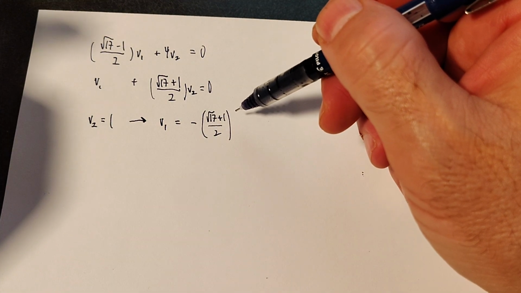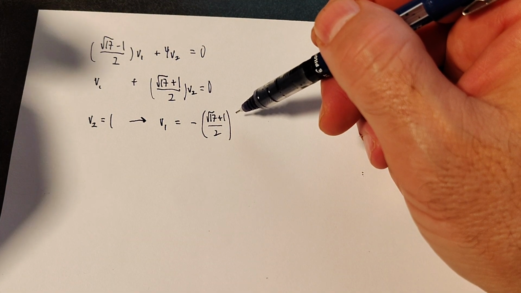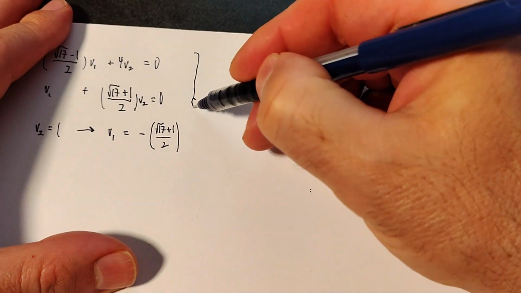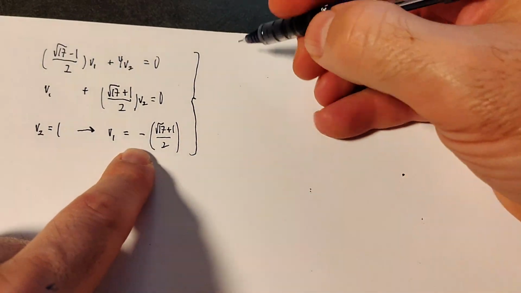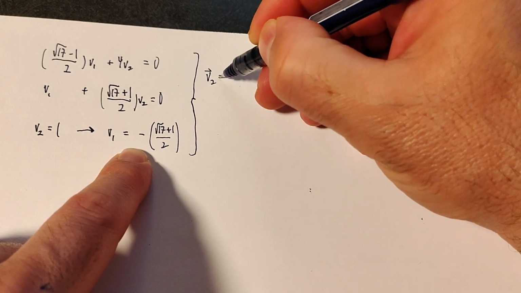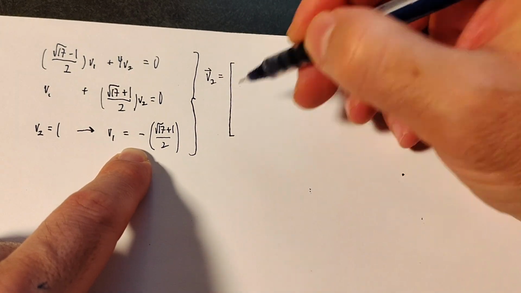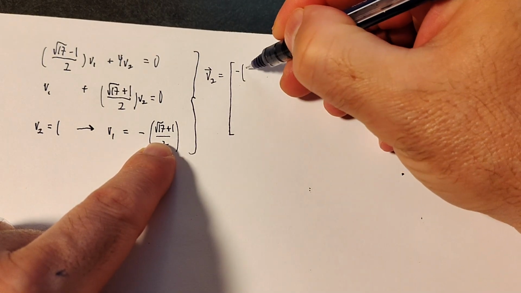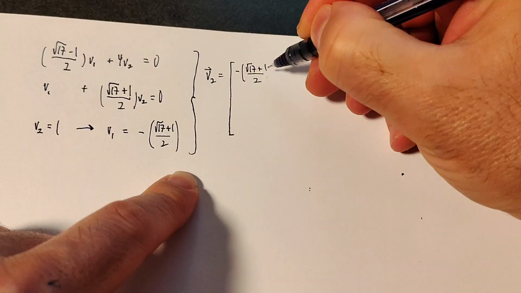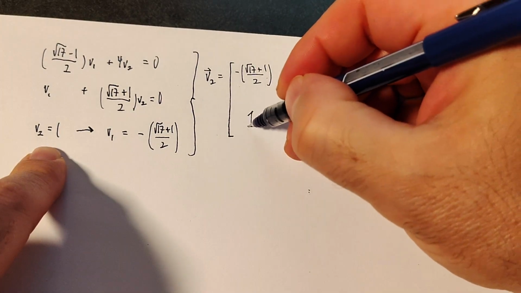We could leave it as that. That's fine. So then eigenvector V2 is going to be equal to negative root 17 plus 1 over 2 and 1.